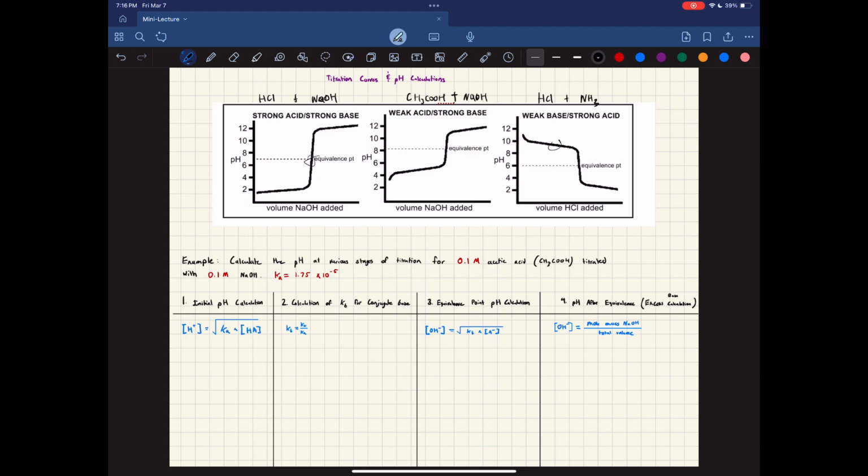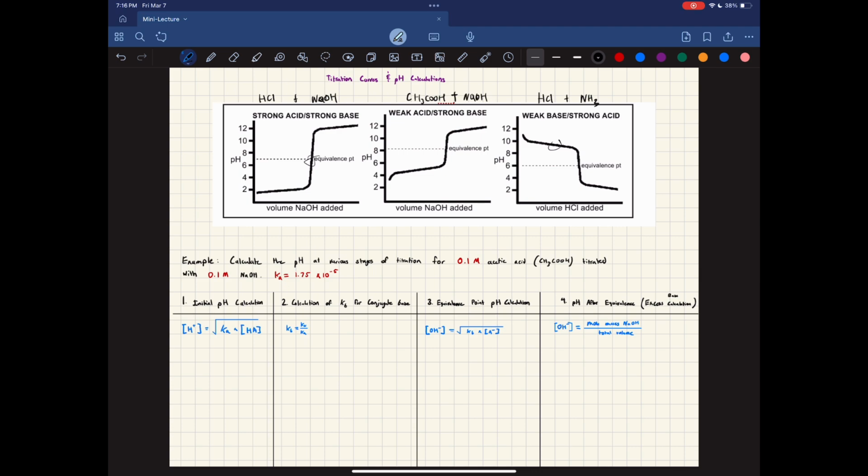Alright, as for pH calculations for a weak acid and strong base titration, today we will calculate the pH at various stages of titration for 0.1 molar acetic acid, titrated with 0.1 molar sodium hydroxide, given that the Ka is 1.75 times 10 to the negative 5th power.